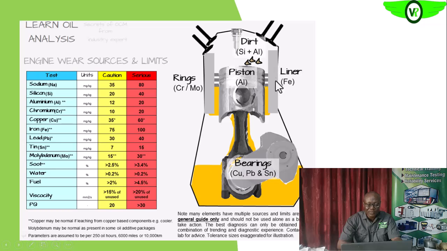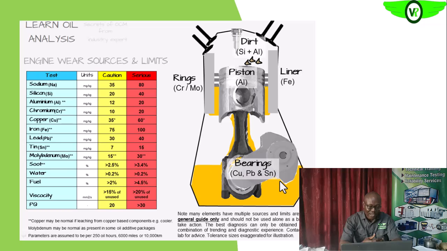Then the sleeve, the liner of the cylinder, you see it is made mostly of iron. So if you have iron, you know it is the sleeve that is wearing very fast. And then the bearings: copper, lead, and tin are some of the metals that are used in producing those metal bearings.